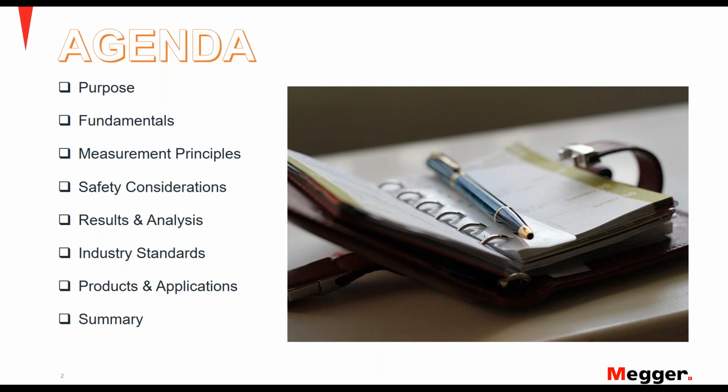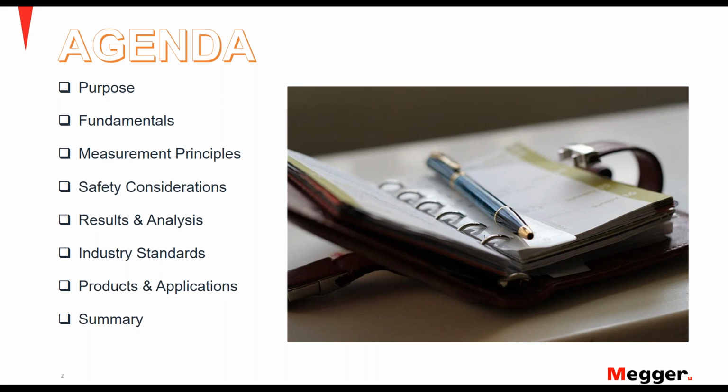So let's go over the agenda real quick. We are going to look at the purpose of these results, and Ken already alluded to the reasons and fundamentals of why we want to do that. Then we'll look at some internal specifics of the transformer that affect both these tests, namely excitation and winding resistance. After that, we look at the measurement principles involved in doing these tests.